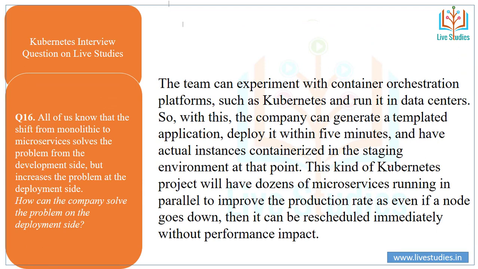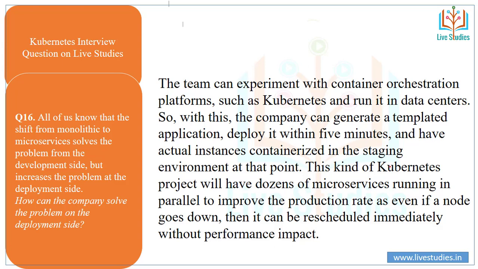Another question is scenario based. The scenario is that the shift from monolithic to microservices solves the problem on the development side, but increases the problem on the deployment side. How can companies solve the problem on the deployment side? The team can experiment with a container orchestration platform such as Kubernetes and run it in its data center.